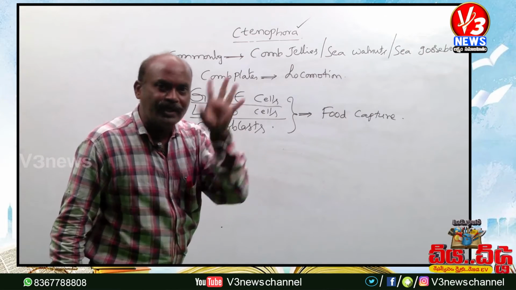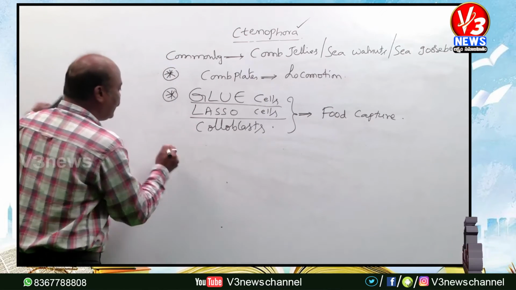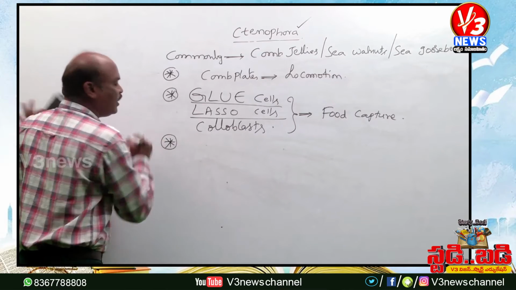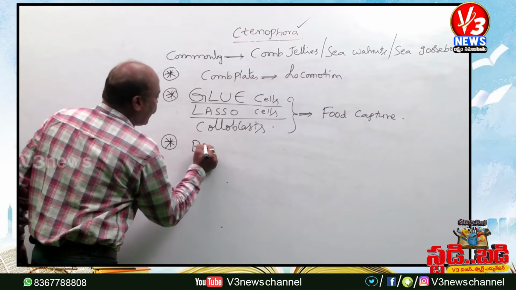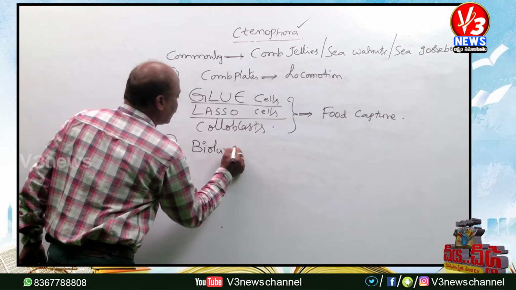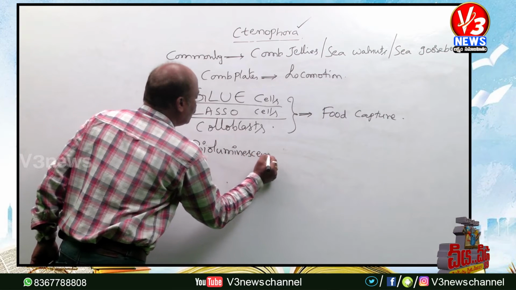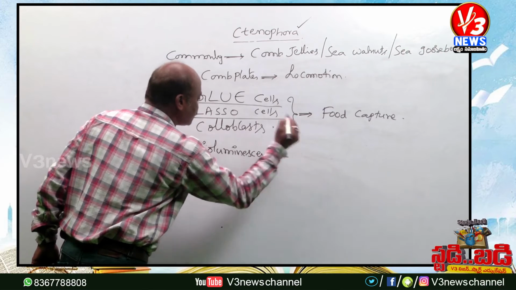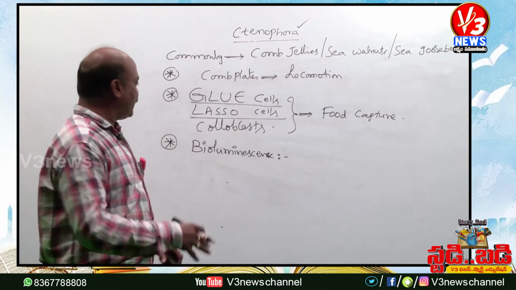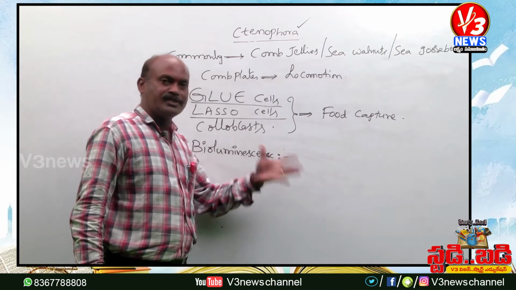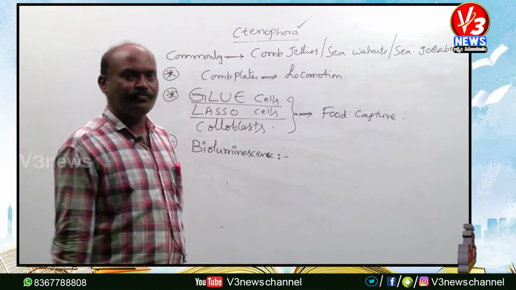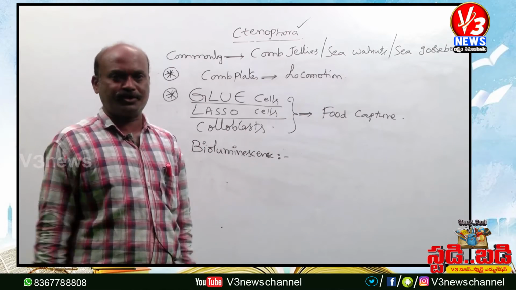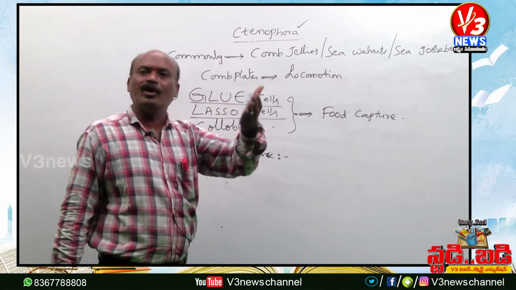That's one important character. And one more very important character: they exhibit bioluminescence. Yes, a very important aspect. What is bioluminescence? I'll define. We are all living organisms. The ctenophores are also living organisms.